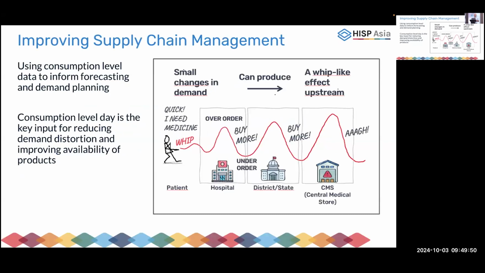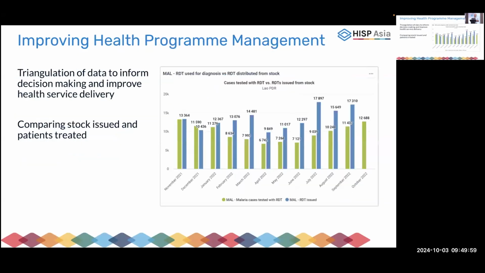Last 3 slides. So overall outcome, improving supply chain management. How are you actually improving the availability of medicines to then improve the overall health outcomes? How are you using the stock data and comparing it and analyzing it beside health data to be able to improve the overall health program management?